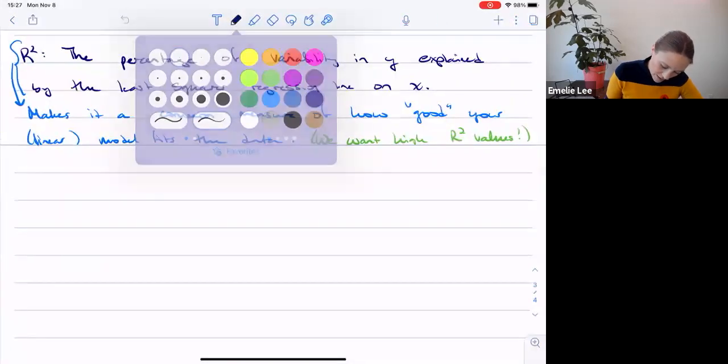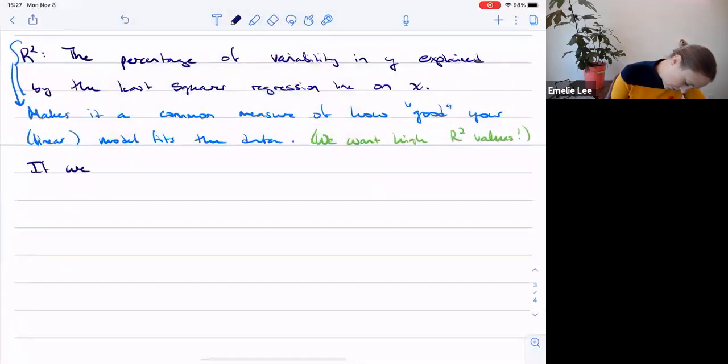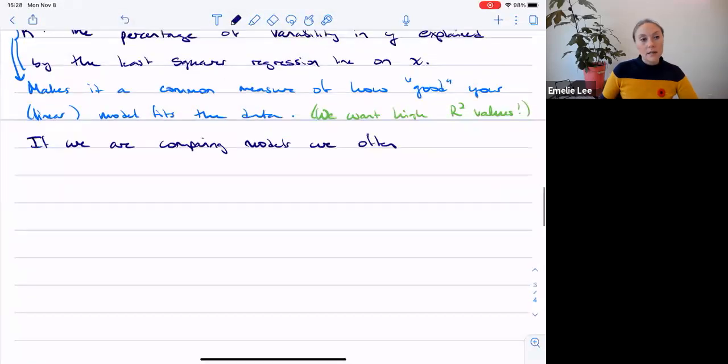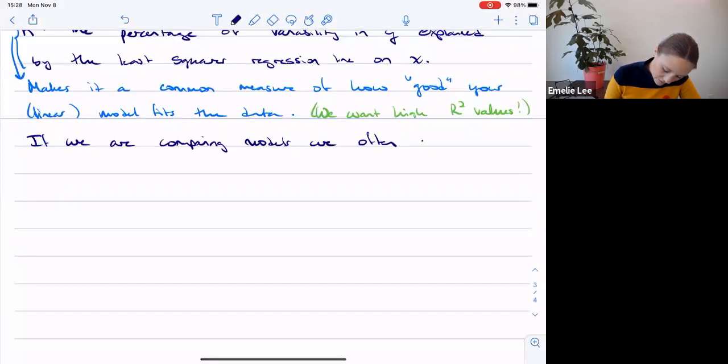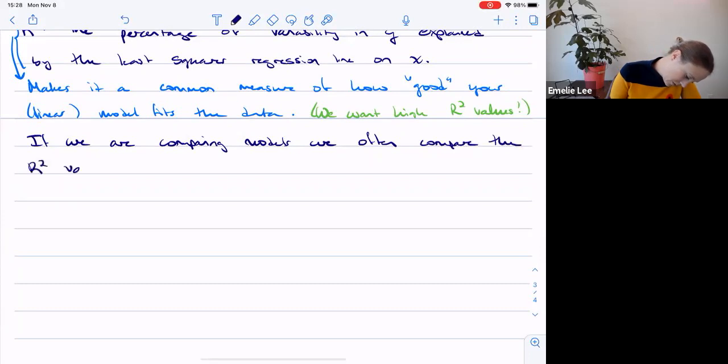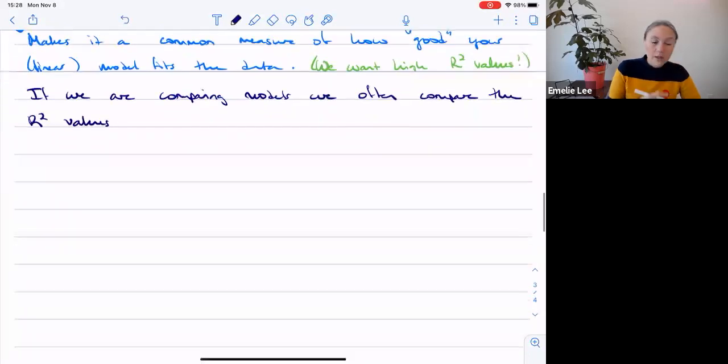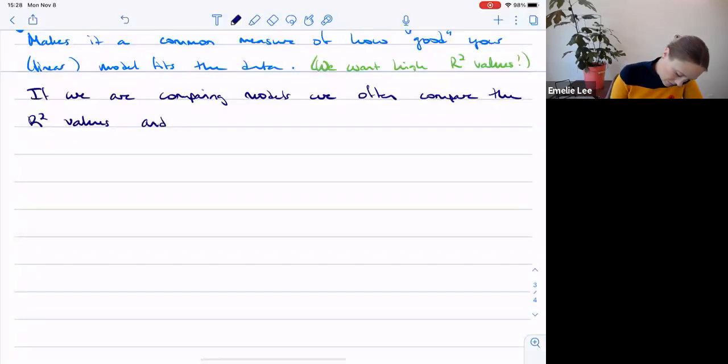And so if we are comparing models, we often compare the R squared values and pick the one with the highest R squared value.